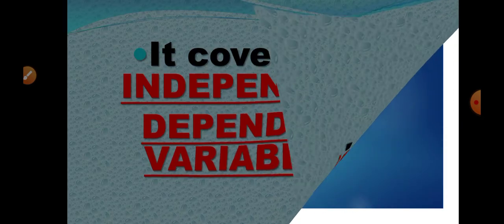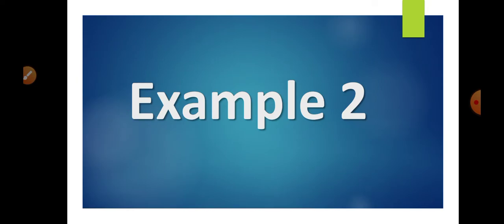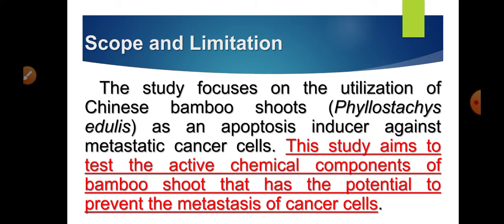Next, after introducing the independent and dependent variables, we have this information: this study aims to test the active chemical components of bamboo shoot that has the potential to prevent the metastasis of cancer cells.